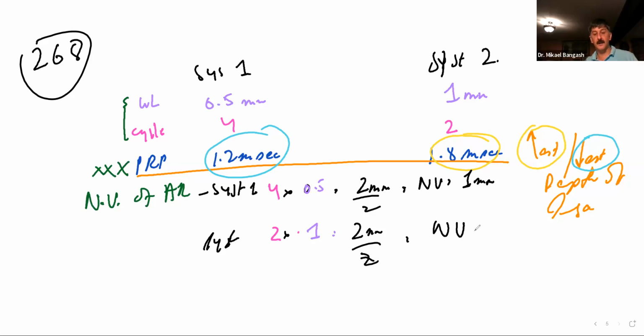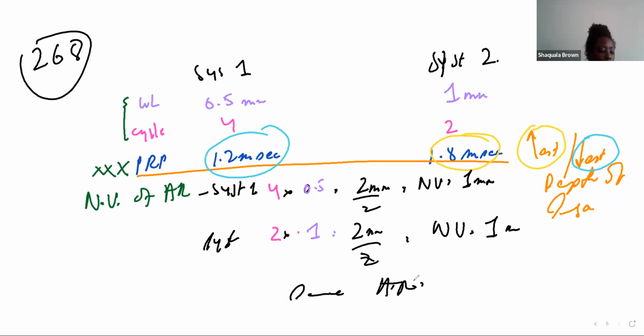So the numerical value for this system also becomes 1 millimeter. As a matter of fact, both of these systems have the same axial resolution. If that makes sense. Yes. Okay.